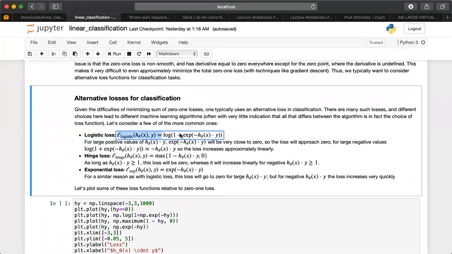So the plot is here, and what it's trying to say is that this is the logistic function.